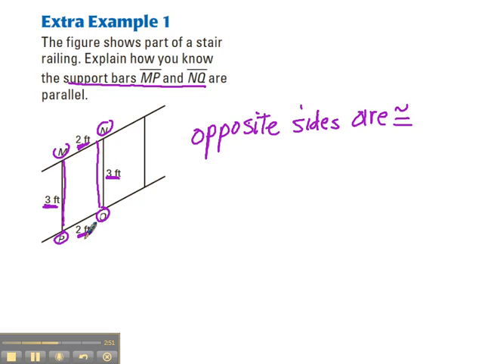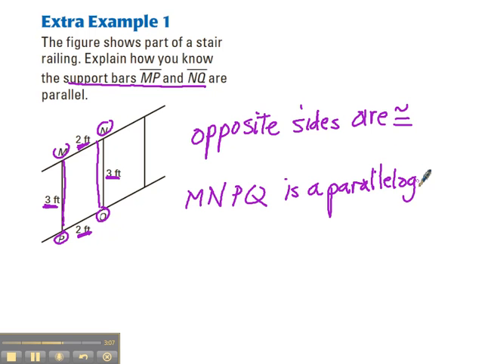So we can say that MNPQ is a parallelogram. So if it's a parallelogram, we know that the support bars MP and NQ are parallel.